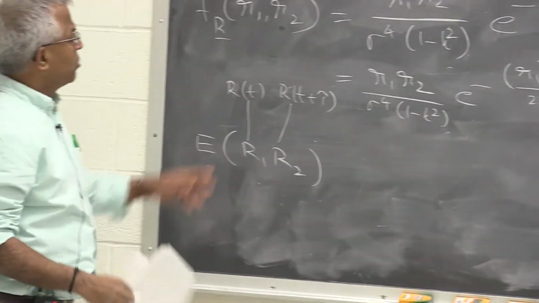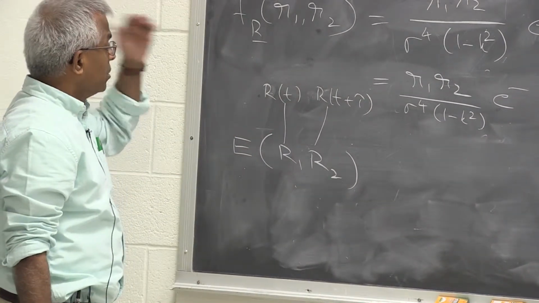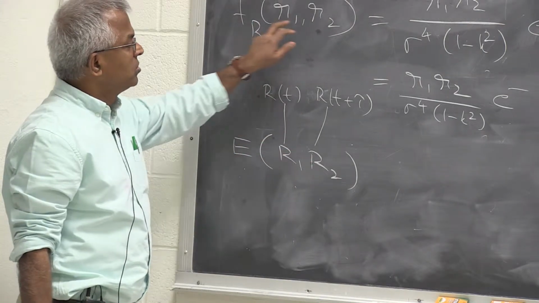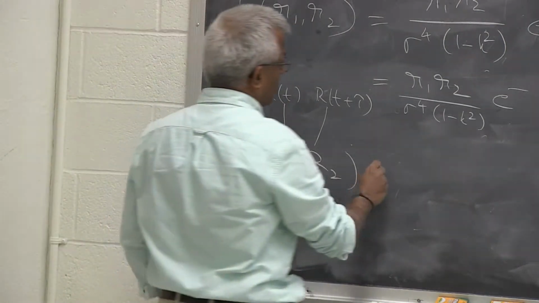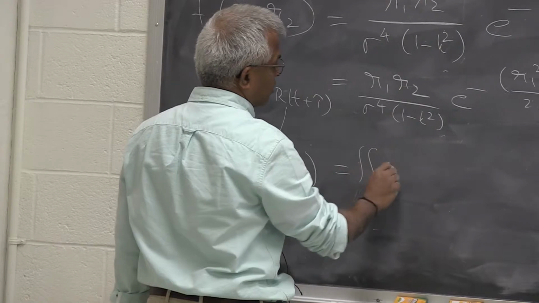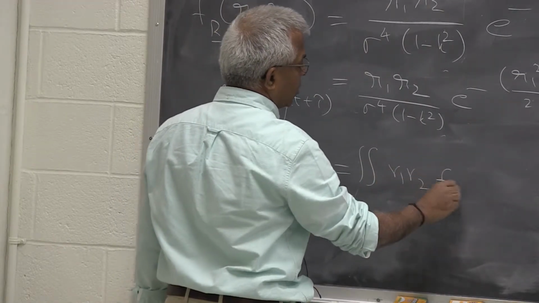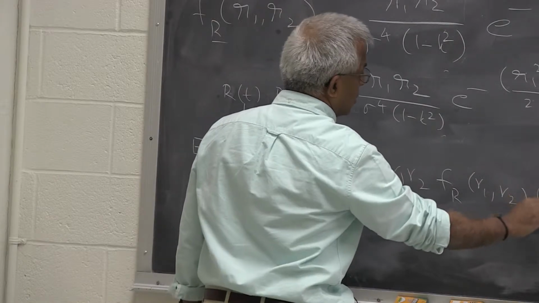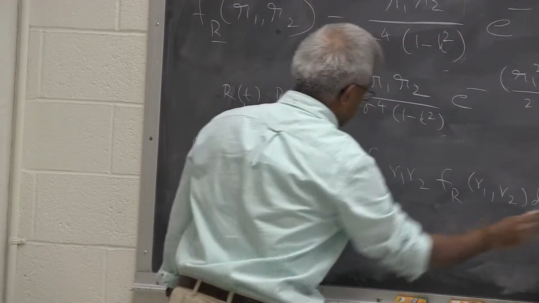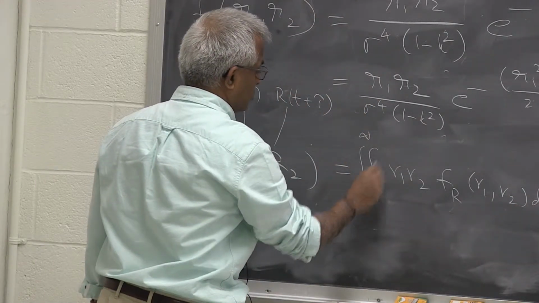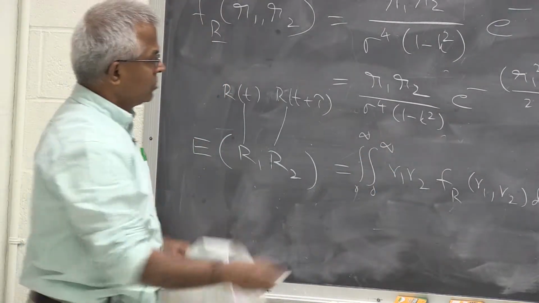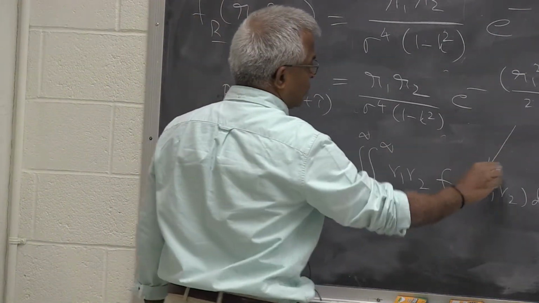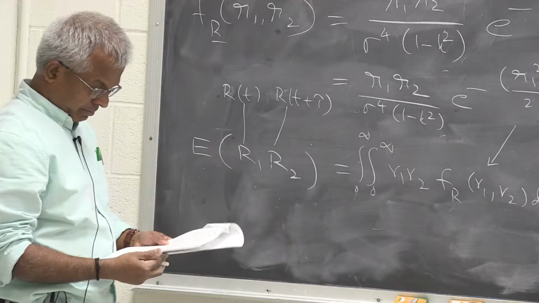So we are trying to find the correlation between these two random variables. This is the joint density function. So if we can do this, this is simply the integral of R1 R2 f of R1, R2 dR1 dR2, 0 to infinity, 0 to infinity. For this density function, we substitute this here.